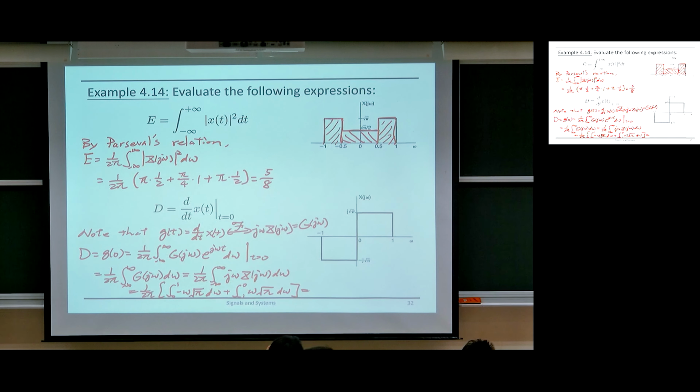Okay? So I'm plugging in this j square root pi inside here. j times j gives me a minus sign. And then I'm plugging minus j square root pi inside here, so minus j times j gives me a positive sign, so I get a positive omega times square root pi here. Okay? So if you work out this integral, this will give you minus 1 over 2 square root pi.